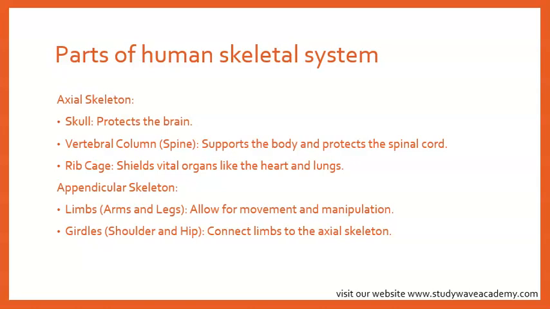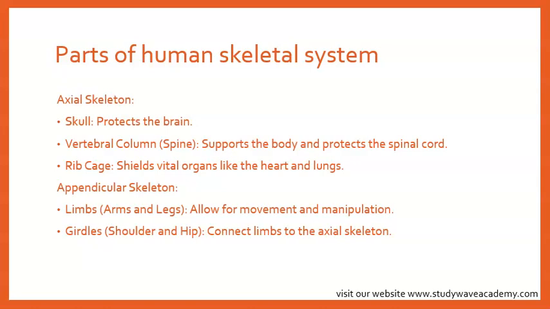The appendicular skeleton is like your body's limbs and connections, okay? And it includes the limbs, which allow for movement, right? Then the girdles. The shoulder girdle supports your arms.